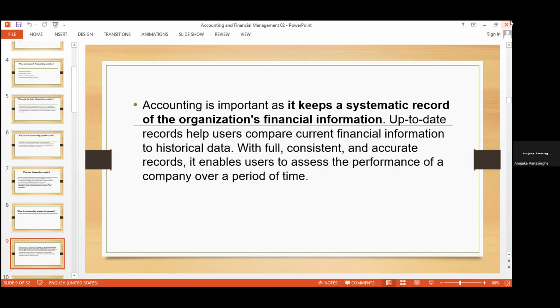That's why we want an accounting system.